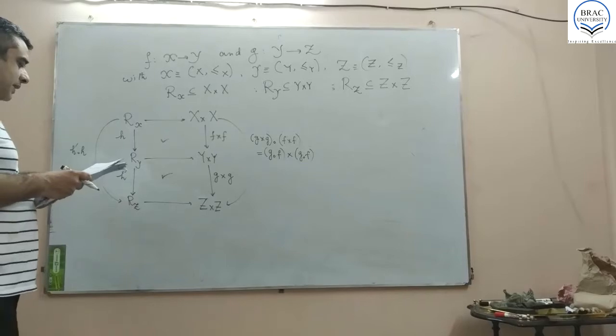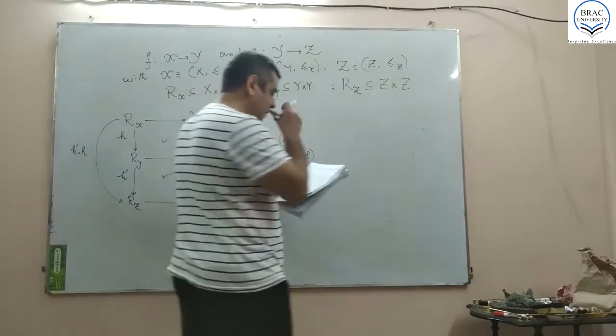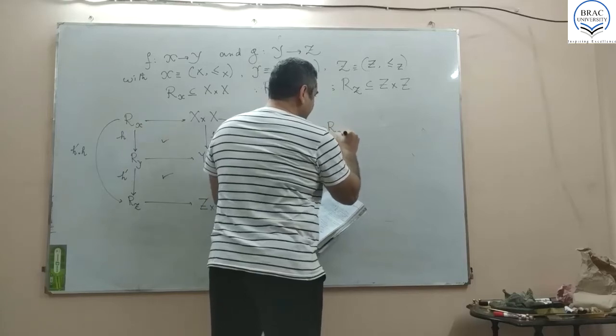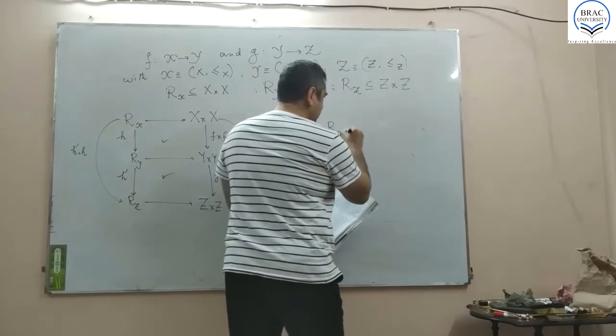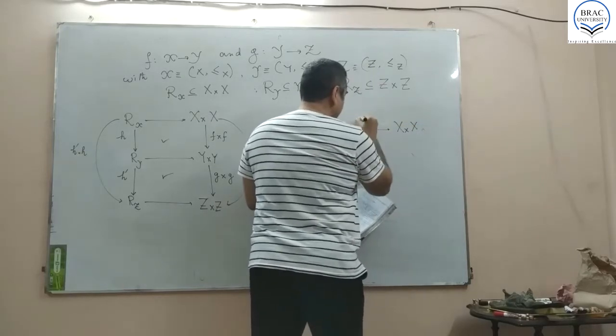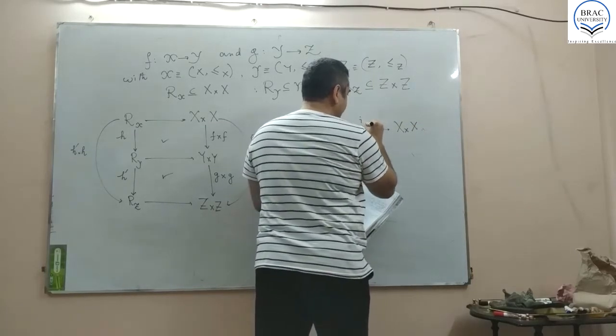So what does that mean? It means that we have this commutative diagram from R sub X to X cross X via the canonical inclusion map.